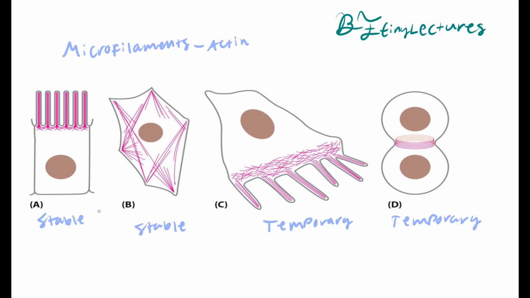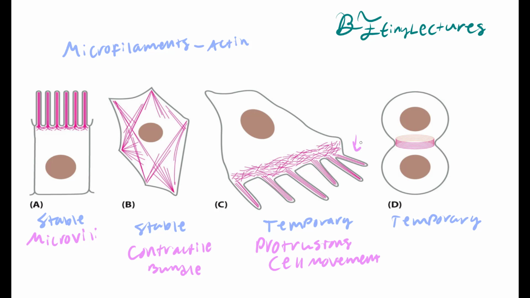So within these categories, we have different items. For instance, this right here, what would you think this is? This is a microvilli. This is a contractile bundle. This right here is the protrusions, and this is for cell movement.